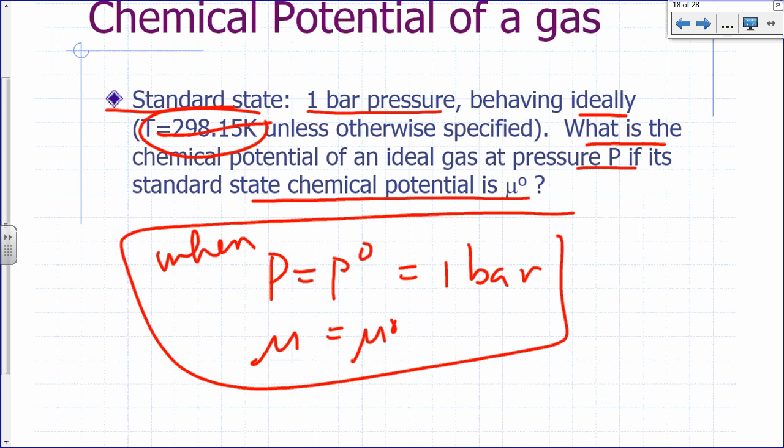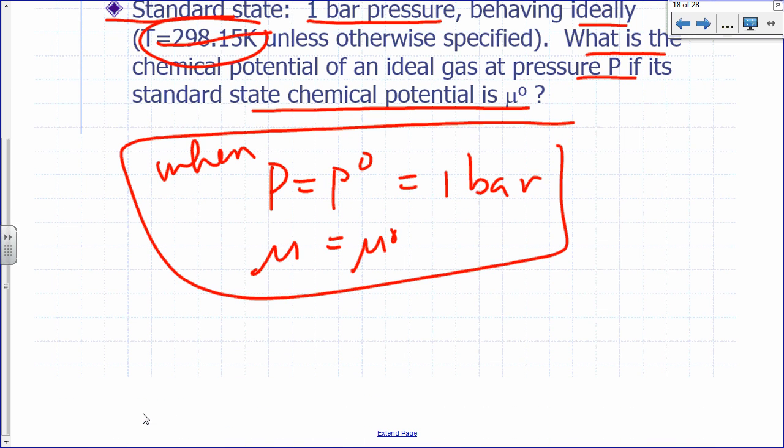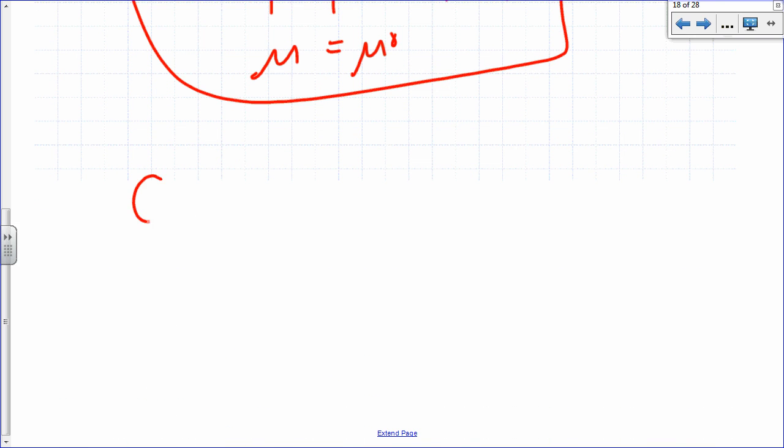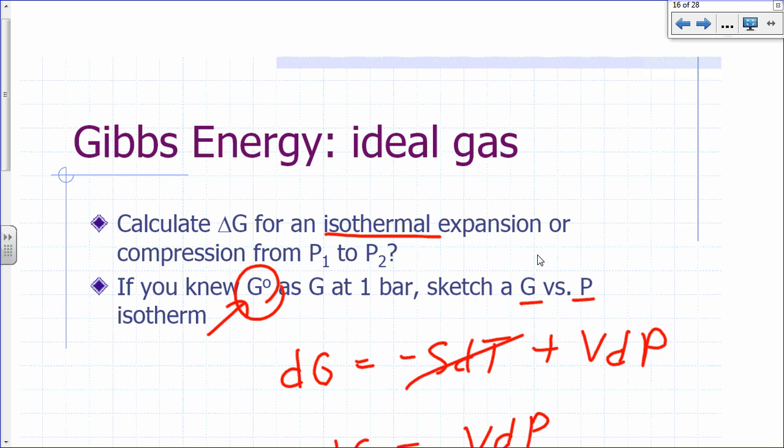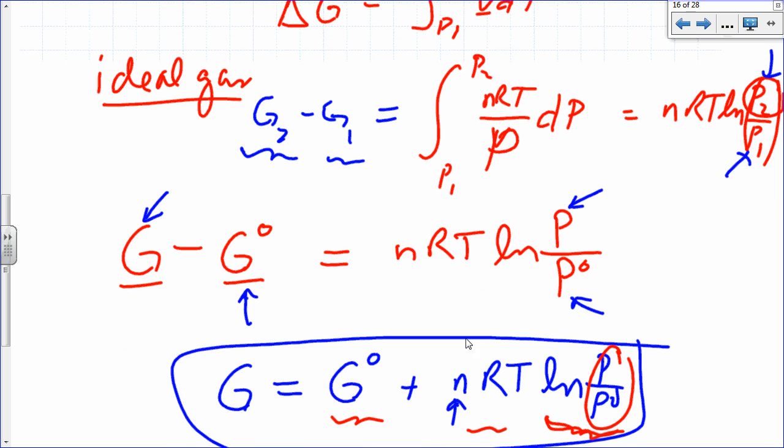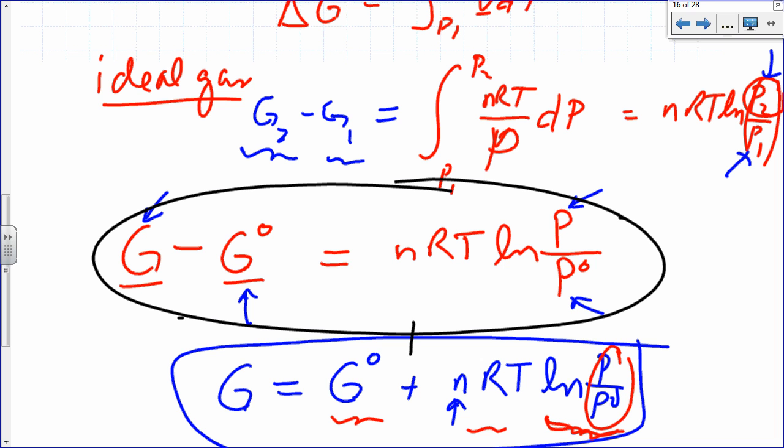Well, we go back to our expression for G. Remember, G is equal to G naught plus nRT ln P over P naught from an earlier slide. I can rearrange this to G naught plus nRT ln P over P naught.